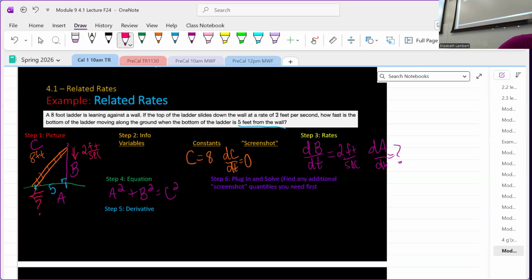So when we take the derivative of this formula, the derivative of A squared is 2A times dA/dt, plus the derivative of B squared is 2B times dB/dt, equals the derivative of C squared is 2C times dC/dt.